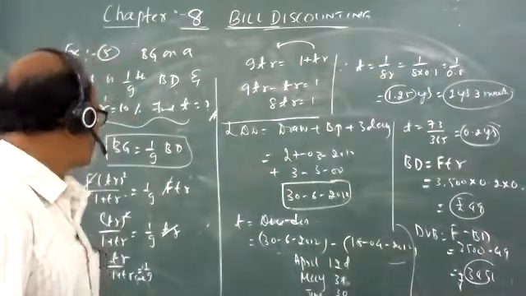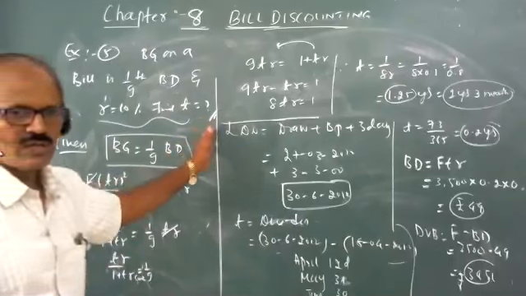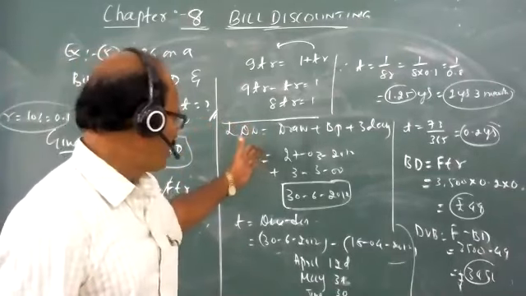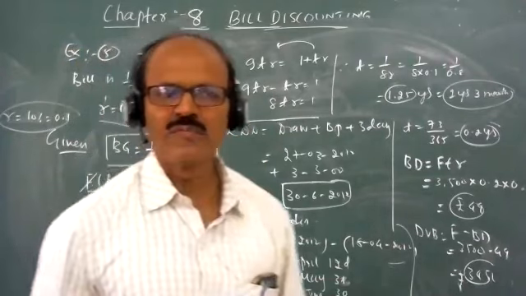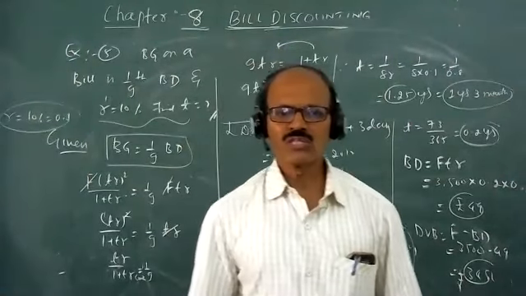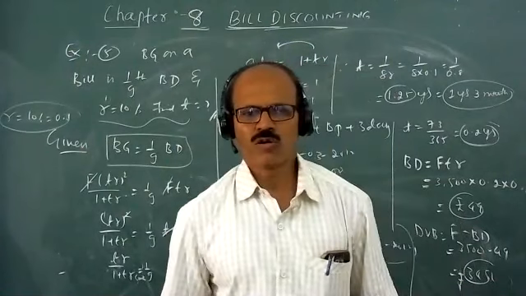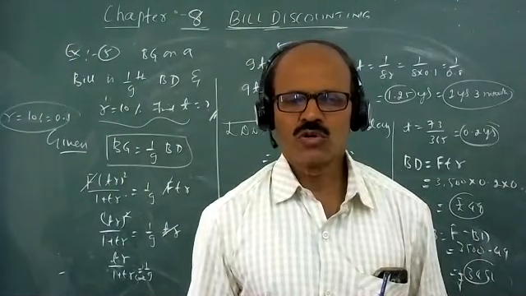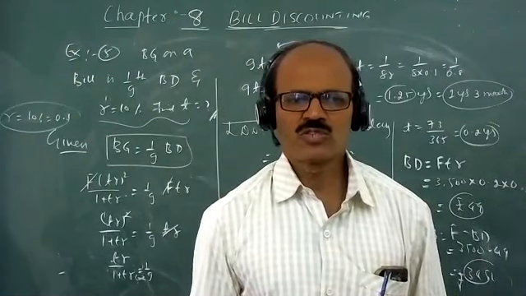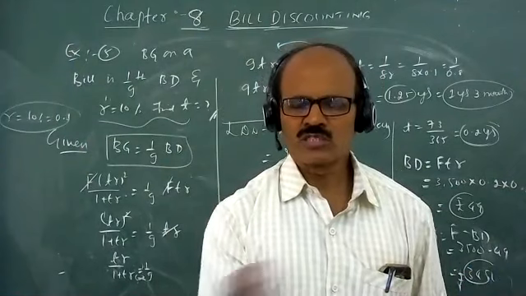So like that, selection of formula is important and calculation is important, and also how to find the discount period is very important. So by this, I'm going to conclude this discussion of the chapter, bill discounting. I hope all of you have followed very clearly. First of all, I told you the concept has to be understood properly for bill discounting. And I told you both sides of the concept you have to remember.